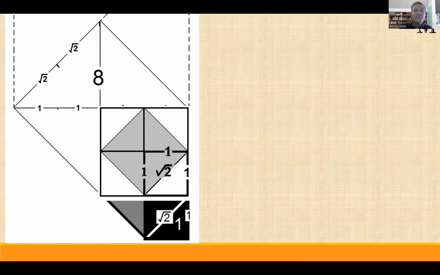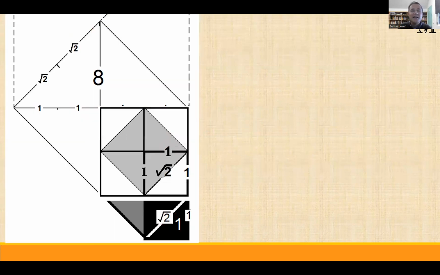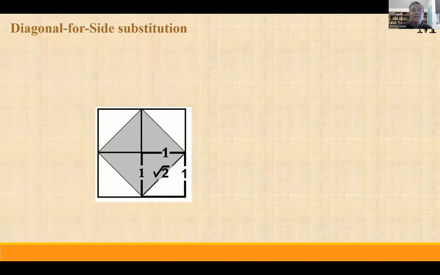So how does this relate to what we just drew? Well, we can see how this diagram here, which relates to the diagram that Plato describes in the Meno, is a condensation of the first 3 stages of this expansion.